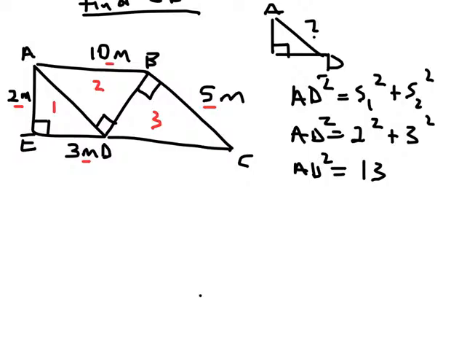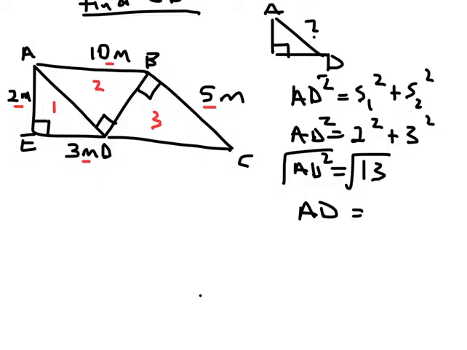Let me just check it because I don't want to do such a nice lesson and then in the end find out that I made a mistake and now I have to redo the whole thing. Yes, it's 13. So now you can square root both sides to remove the square, and then you have AD equals the square root of 13.